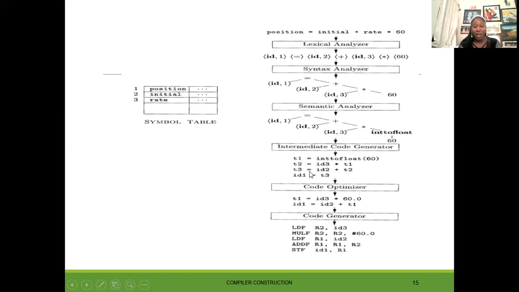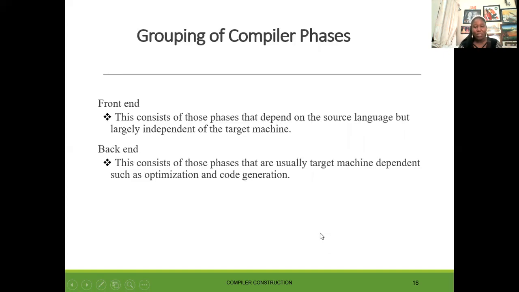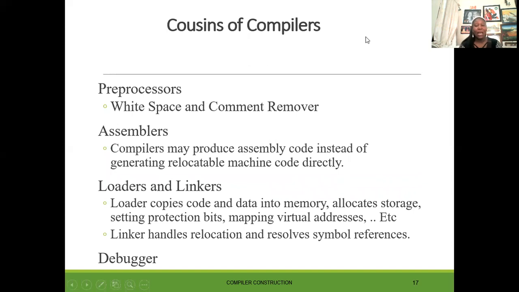Remember our three address code, that's what we're using here. And then we have to optimize this code further, and then we have to generate this code. And of course, remember that I mentioned earlier that when you're building compilers practically, you have to figure out what you want to be at the front end and what you want to be at the back end. So that is shown here, the front end and the back end.